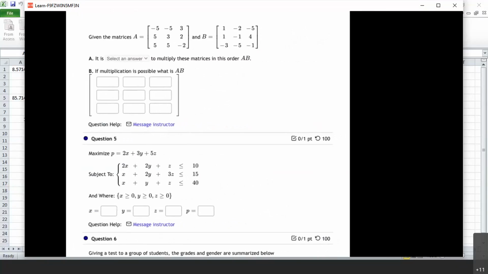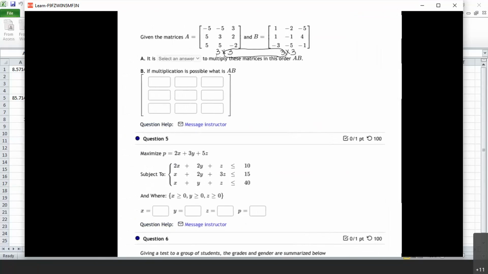What do you think? Can I multiply these matrices? Yes. Okay, the way you check is you figure out how many rows and columns. As long as you can get a match in the middle, the number of columns in the first equals the number of rows in the second, you can multiply.